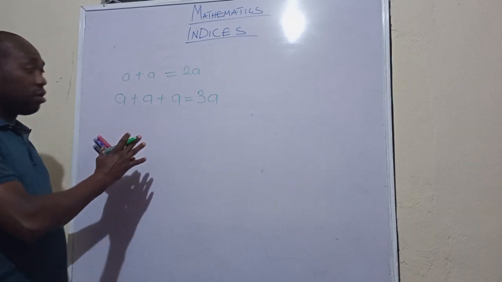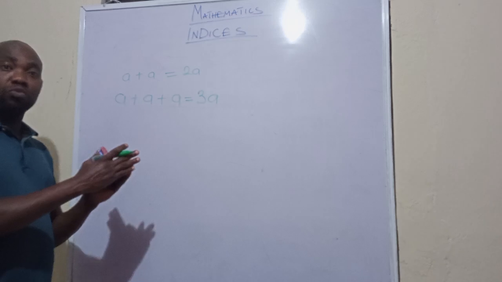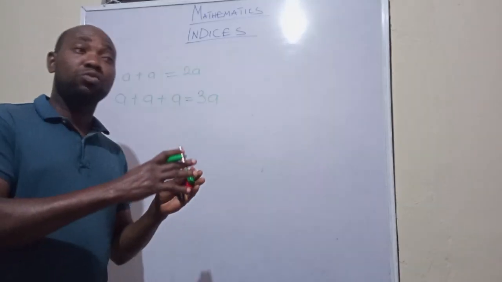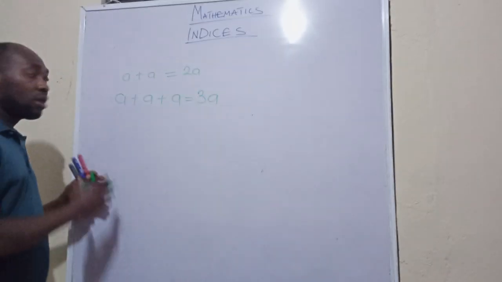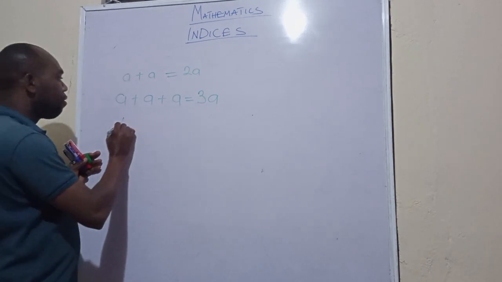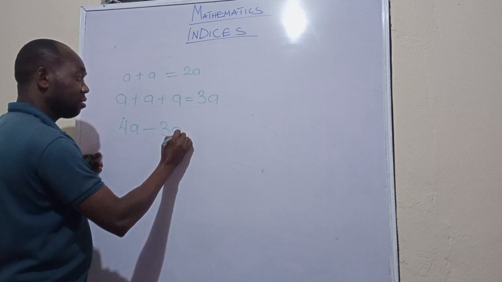Now, this is addition of alphabets. It can also happen with B, it can also happen with C, it can also happen with D, or even to Z. But now let's look at an example of 4A minus 3A.